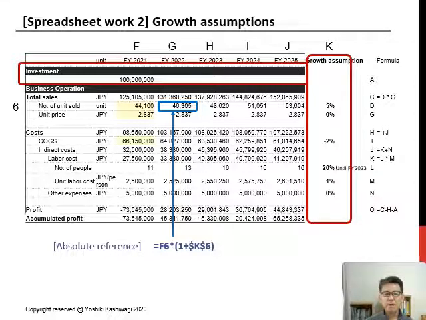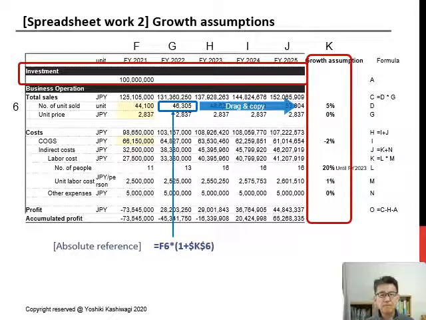And what does it mean by those dollar marks? That means you have to fix the cell to refer to. That's K6. I will demonstrate how to do it, but this is called absolute reference. Why do you need that? Once you make the formula for G in the cell G6, that's the second year, you can simply drag and copy to the right.